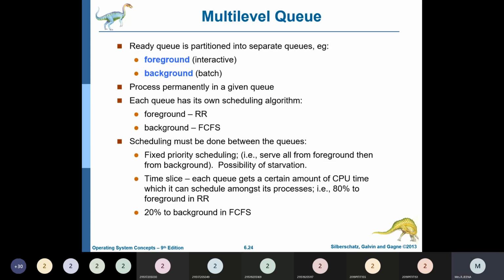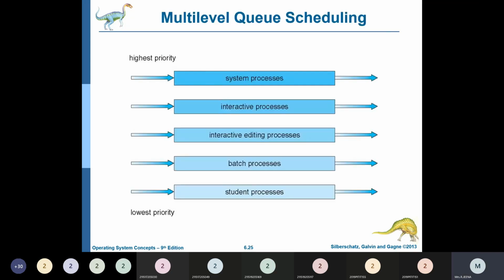In multi-level queue, the ready queue is divided into separate queues, and each individual queue can follow different scheduling algorithms according to its efficiency. So one can follow round robin, one can follow FCFS, no problem in that. The main thing is that there is a priority given from higher priority to lower priority.